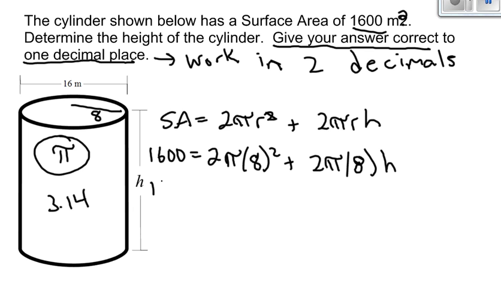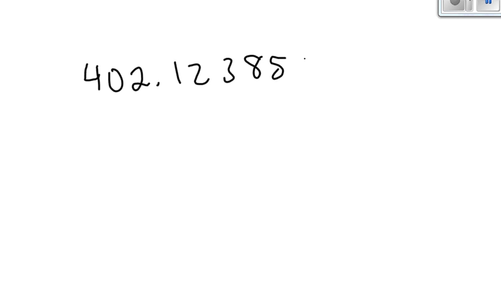So again, I'm going to use the pi button so we can talk about rounding. When I type in 2 times pi button times 8 squared, let me show you what I get on the next page. My calculator says this, 402.1238597.